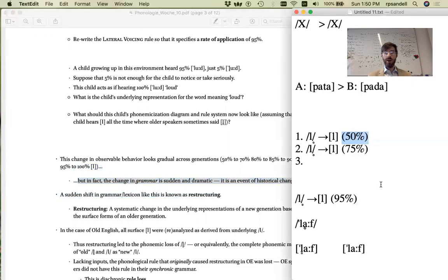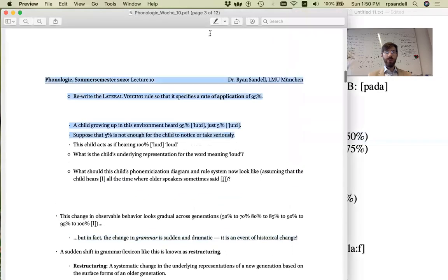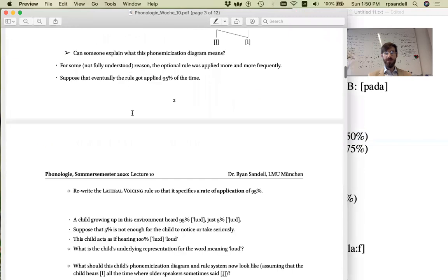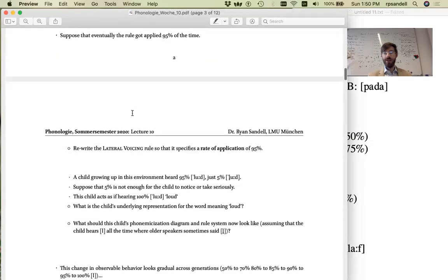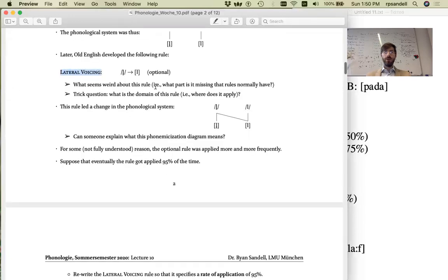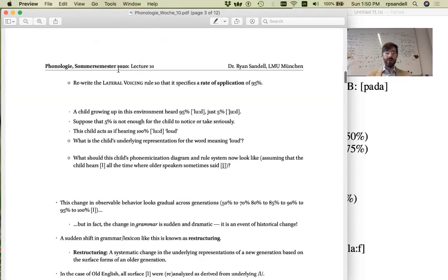Suddenly, learners acquire grammars without any underlying voiceless lateral approximants whatsoever, and they no longer need this rule of lateral voicing. If they think there are no instances of underlying voiceless lateral approximants, they don't need this rule in order to explain words that can have both a voiceless lateral approximant and a voiced lateral approximant.